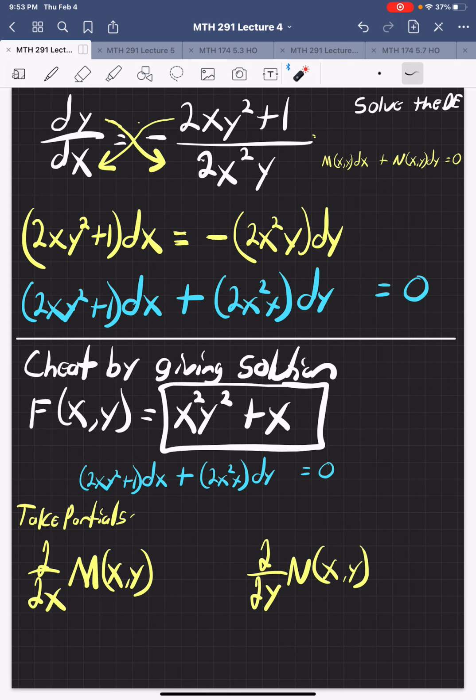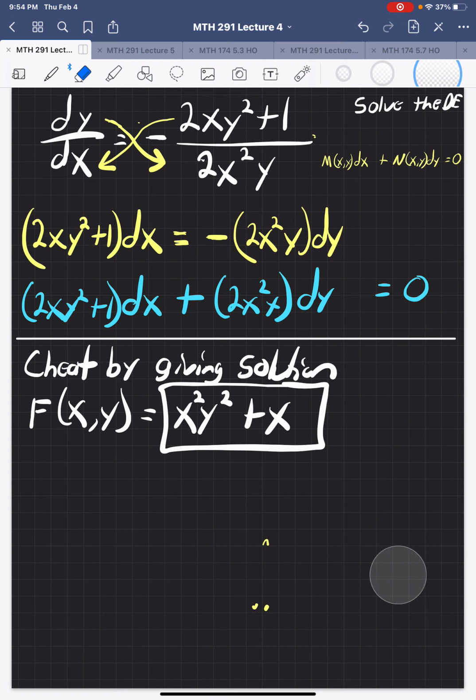No, my sincere apologies. I'm jumping ahead. I'm thinking about if we were going into solving it. When the next video comes, it will make sense why I messed up. I just want to take the derivative of this with respect to x and the derivative of this with respect to y. Because I've cheated, I've given you the answer.